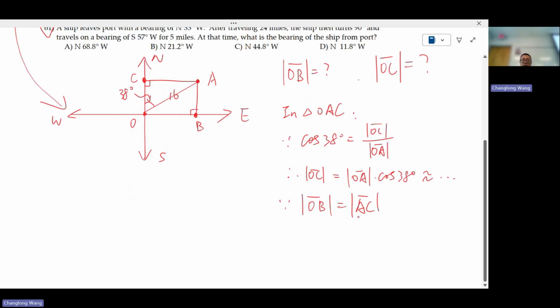Now, in this case, AC is the opposite of angle 38, but you already figured out the adjacent, right? I think that you could figure it out. It's nothing but the hypotenuse times, instead of a cosine, the sine of 38, right? And you work out, again, the miles to the east of the harbor.